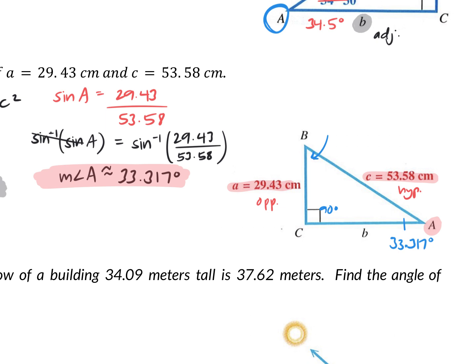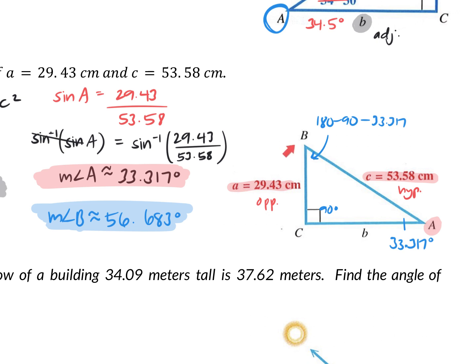So if you did 90 minus, technically it's 180 minus the 90 minus my 33.317. For my measurement of angle B, I get approximately 56.683 degrees. Okay, and depending on how much you round, you might be off by a little bit there, but somewhere close to that.